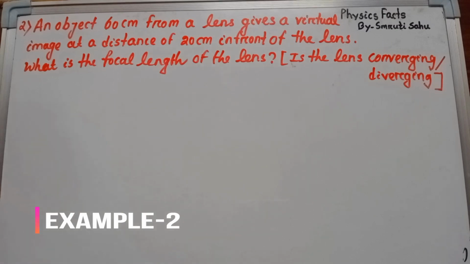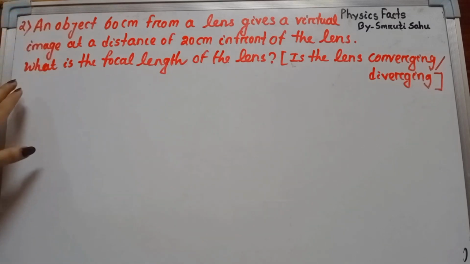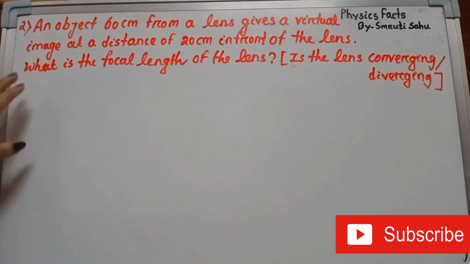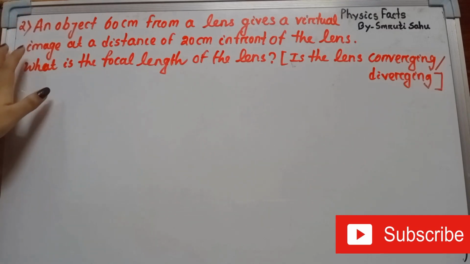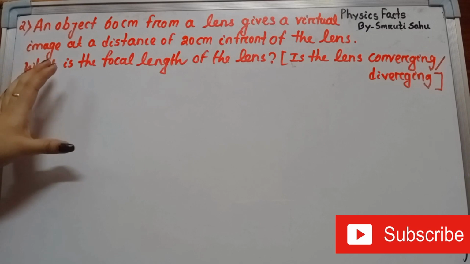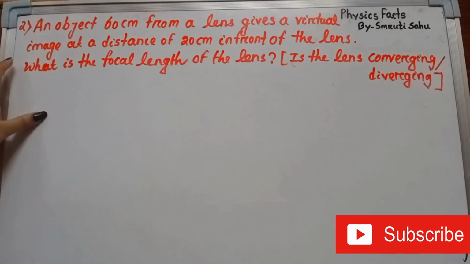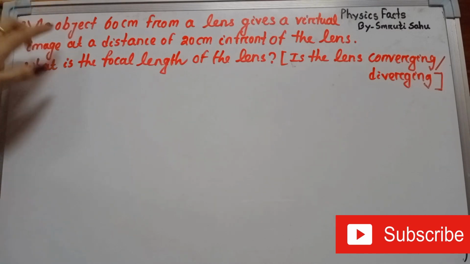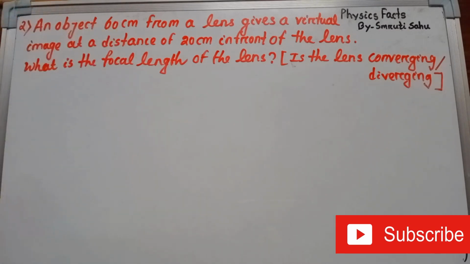Now another question. An object 60 cm from a lens gives a virtual image. Students, we get a virtual image in both cases, convex lens and concave lens. Here we get a virtual image at a distance of 20 cm in front of the lens. Object distance is given, and image distance is also given. What is the focal length of the lens, and is the lens a converging or diverging lens?